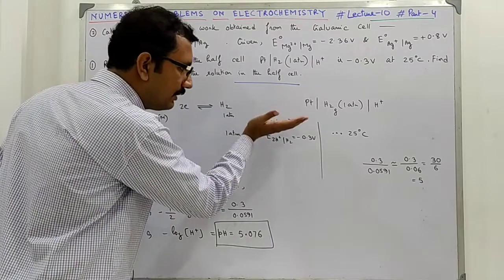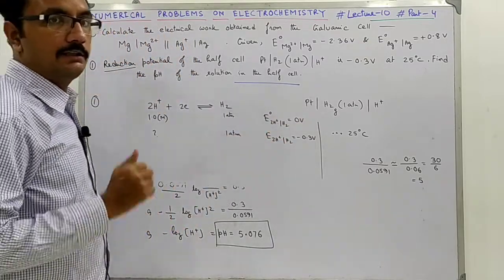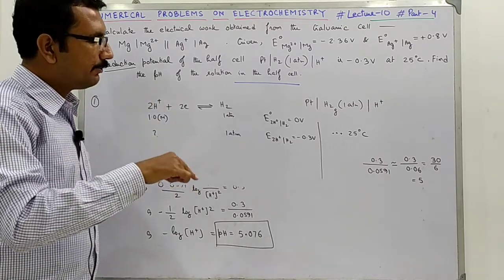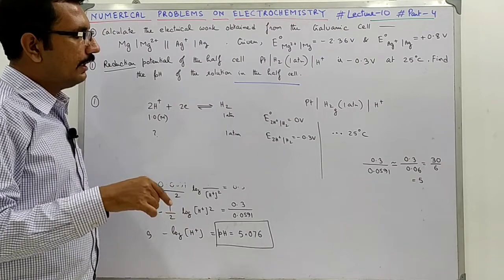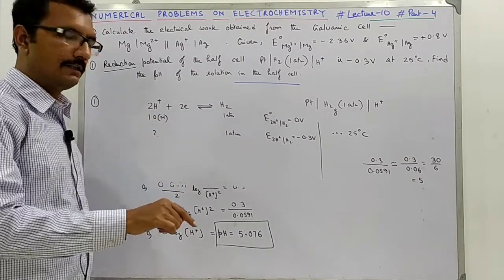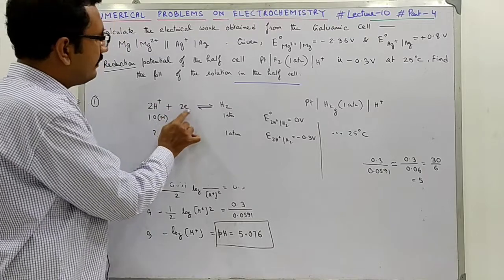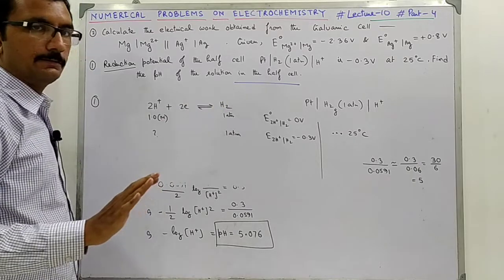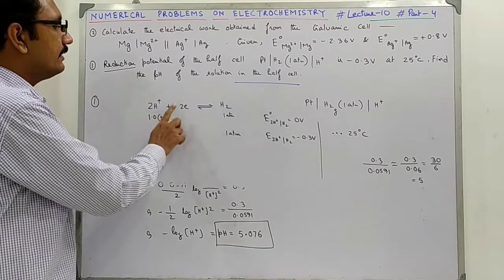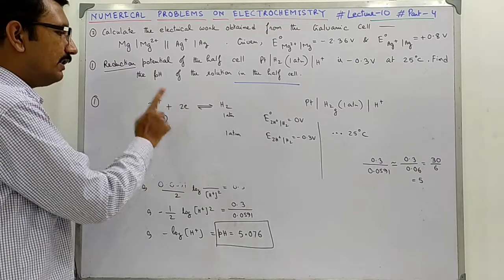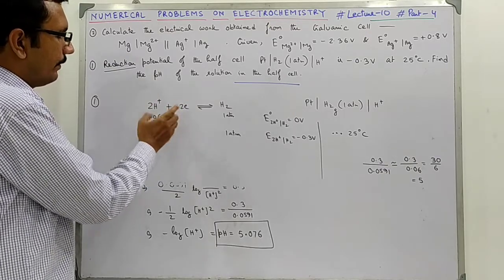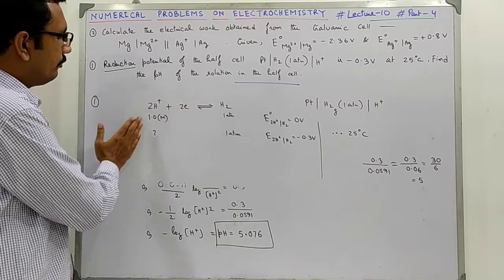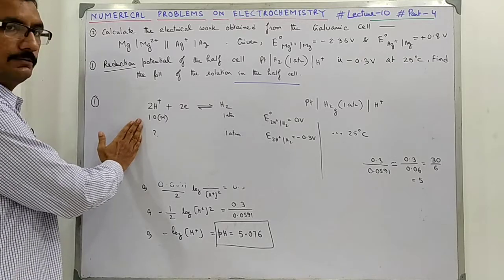You see the reduction potential is decreasing, that is, the tendency to get reduced is decreasing. The tendency to get reduced decreasing means the forward reaction is occurring less, since the forward reaction is the reduction process. Now, the only way to have the forward reaction occur to a lesser extent is to lower the concentration of this H+ ion.